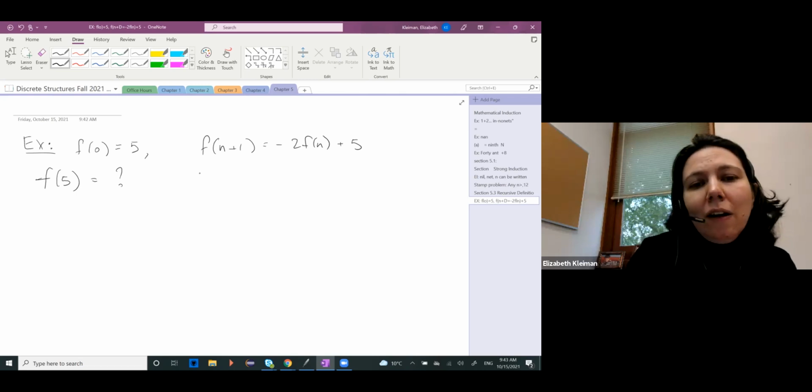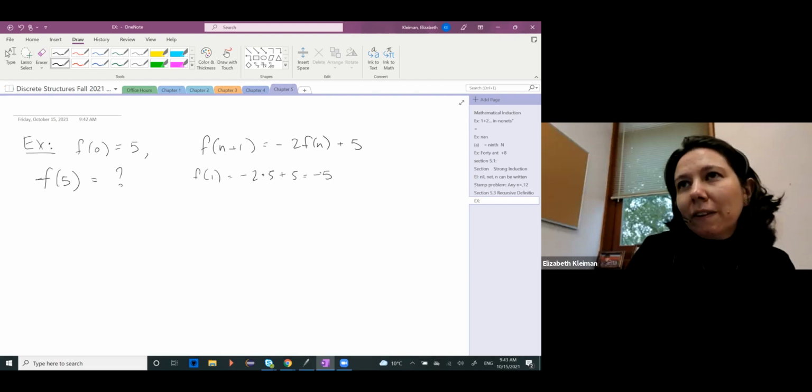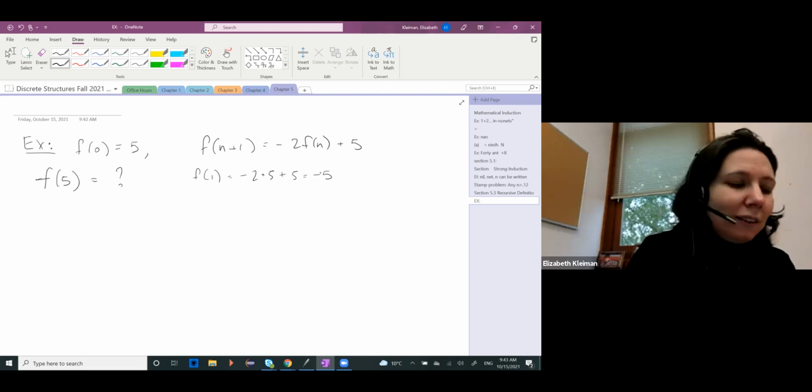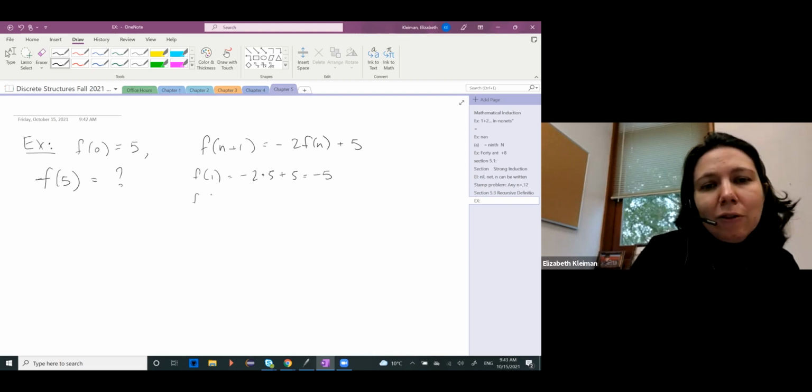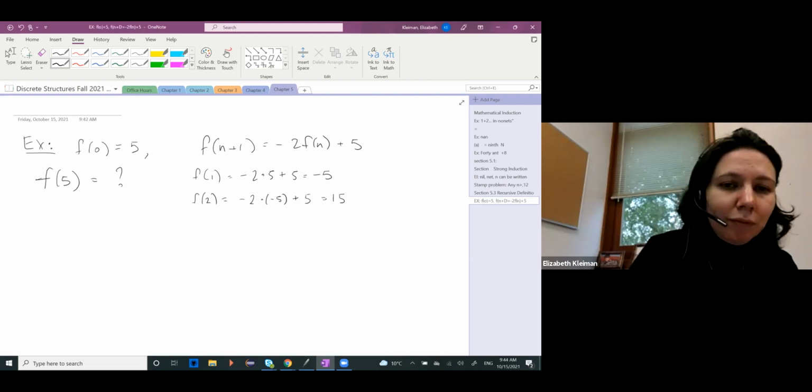So f of 1 is going to be negative 2 multiplied by 5 plus 5, which is going to be negative 5, correct? Yes? F of 2 is going to be negative 2 multiplied by negative 5 plus 5, which is going to be 15.